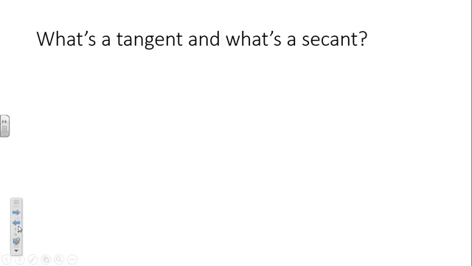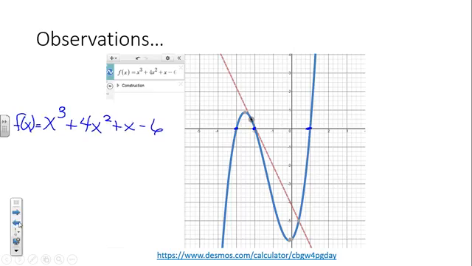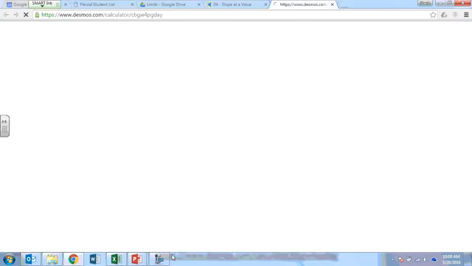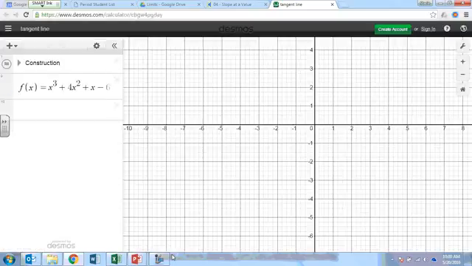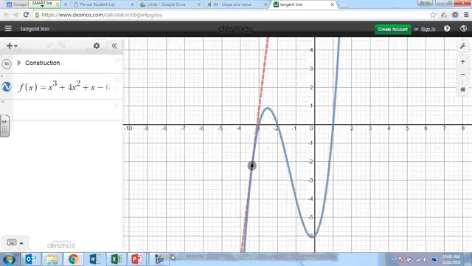Oops, I meant to click on it. Let's try it with my mouse on my keyboard. All right, so this is called a tangent line. And we'll talk about it in just a moment and why it's called a tangent line. Okay?